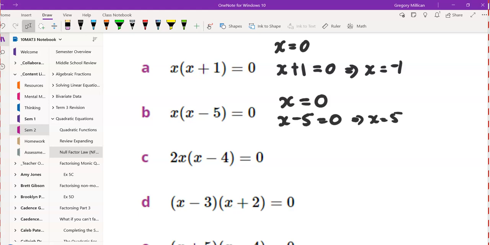Factors. Either of these factors. So I want to hone in on the right terminology, okay? Remember, we haven't learned how to get to this point yet.